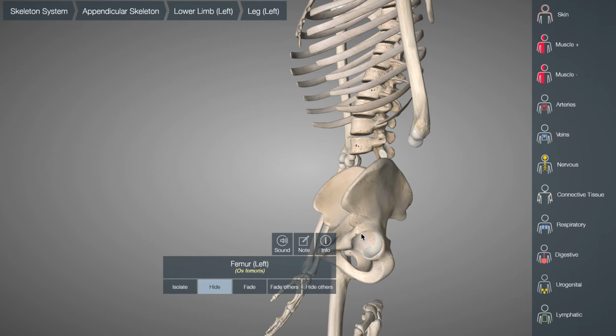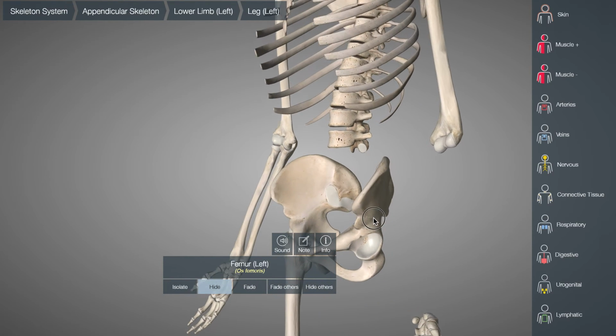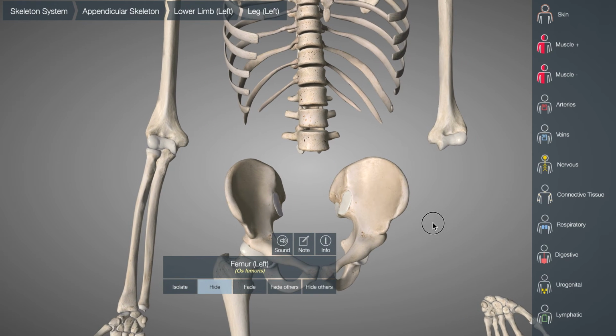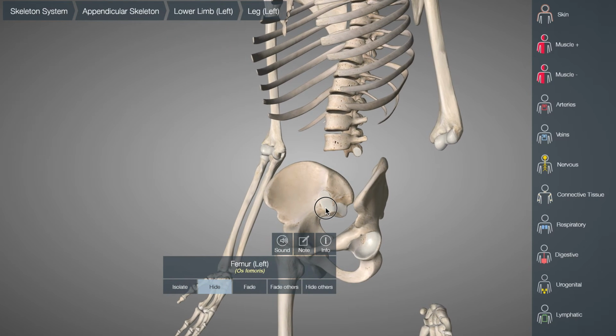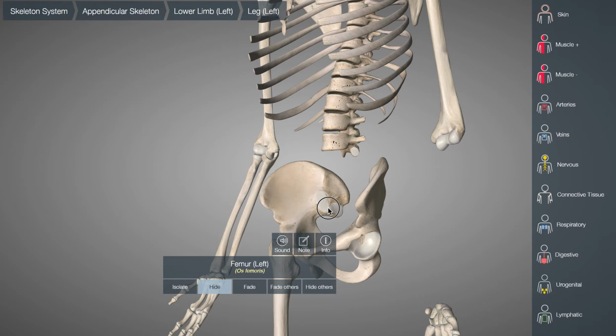Let's go ahead and see what features that we can find on here. Hopefully I get enough detail in for you. This over here is going to be called the iliac crest. Okay. We also have, let me see what else we have right over here.